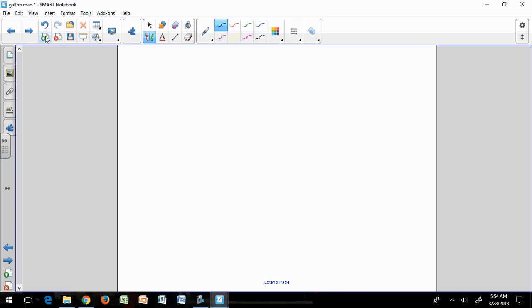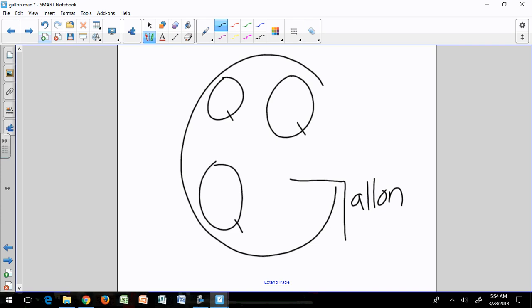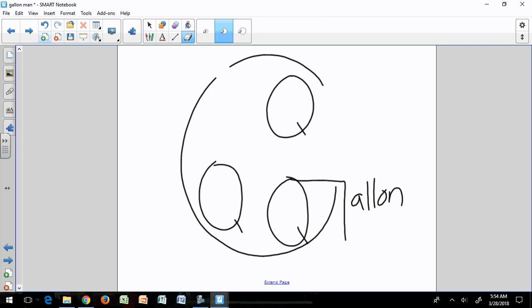Another way is with the big G. So let's make a big G. And that stands for gallon. And in 1 gallon, there are 4 quarts. Four quarts. Let's make this first quart a little bit bigger. We're not going to be done with that quart.